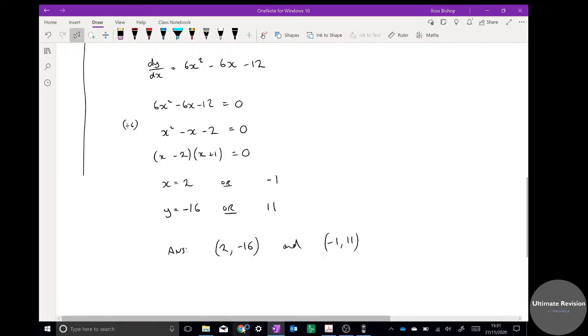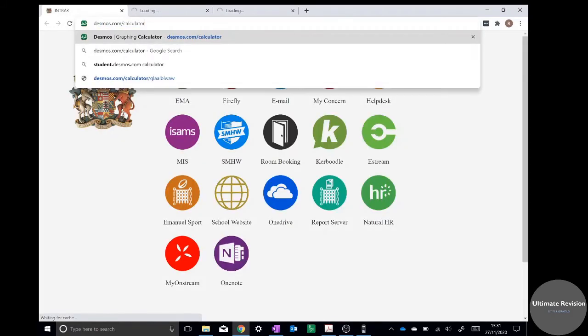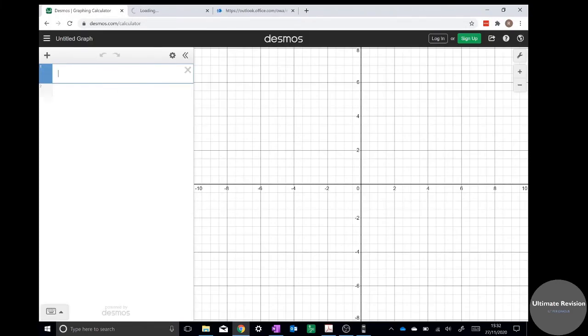Okay, let's just do a quick check on Desmos, see if this is accurate or not. Okay, let's have a look. So it's y equals 2x cubed minus 3x squared minus 12x plus 4.